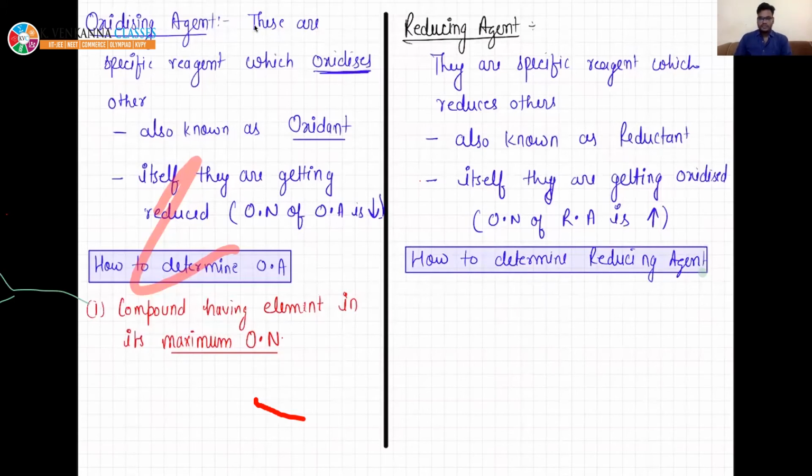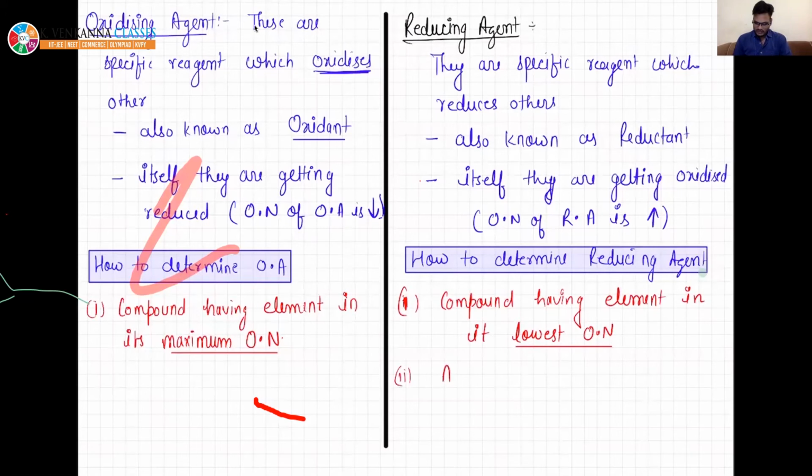In that case, the compound must be having an element in its lowest oxidation number. So you must be aware of lowest and maximum, okay.